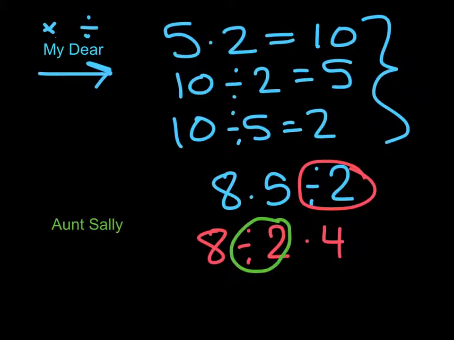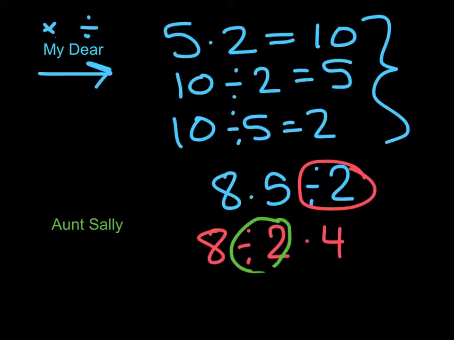I just can't be dividing by 8. Some people want to do 2 times 4 first and get 8, and if I do that, I'm dividing by a bigger number. So that is not okay. It is not okay to do 2 times 4 first. So no matter what here, as long as I divide by 2, I'm good.